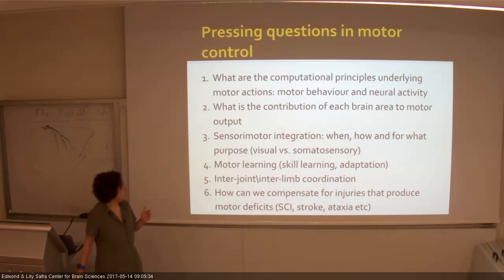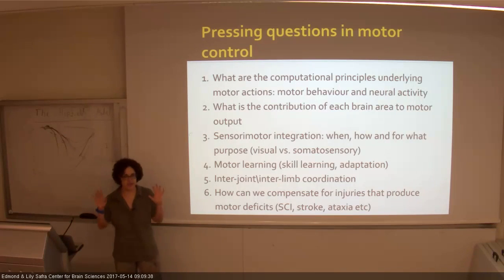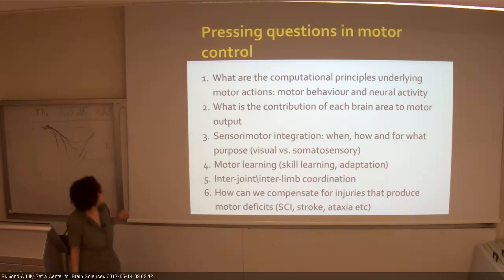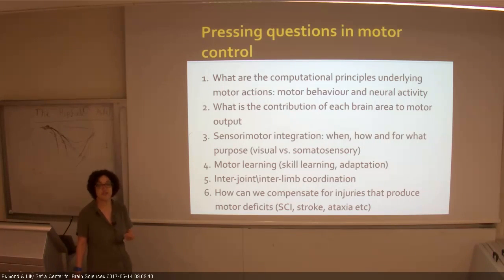Now, of course, trying to understand behavior using motor control is a really large, maybe grand goal, but today people who are studying motor control are facing several important pressing questions. We are still trying to understand the computational principles that underlie motor actions, both in terms of motor behavior and in terms of the neural circuitry, and I'll explain very soon.